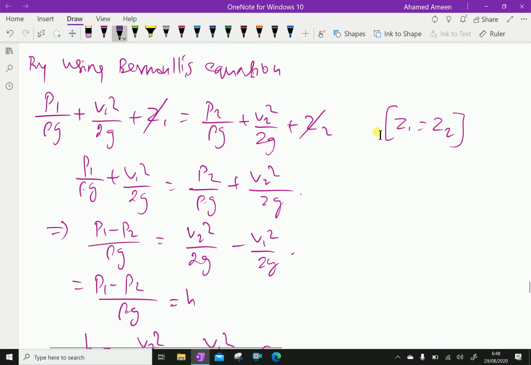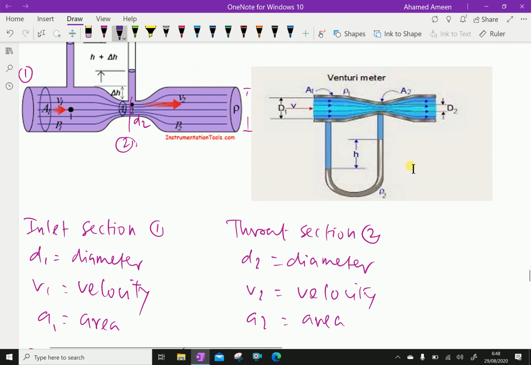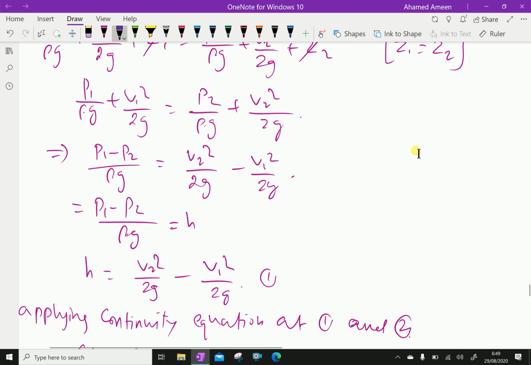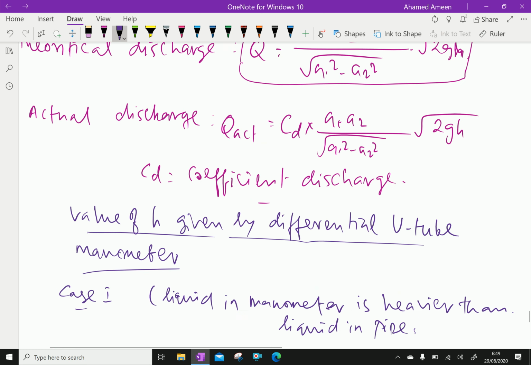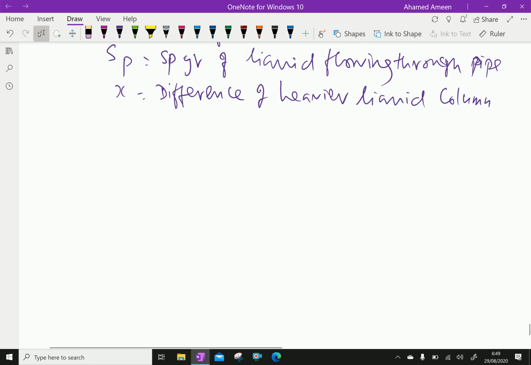Look at this figure. Here the differential manometer is fixed. Consider this difference as X. Therefore, H is expressed as X into SH over SP minus 1.